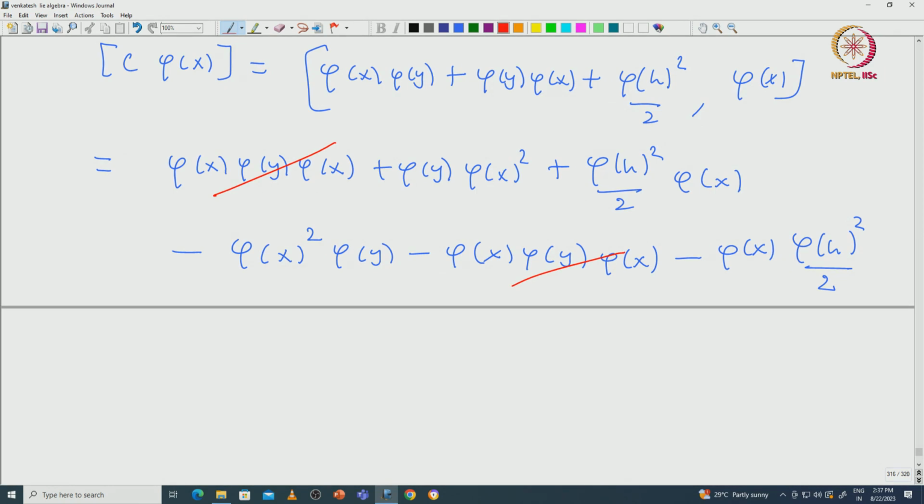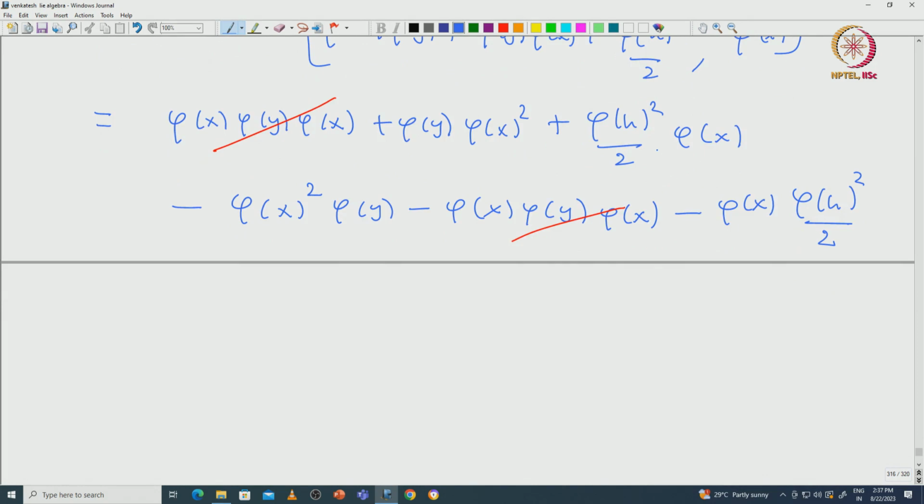Now, if you think about it, maybe we keep one of them and try to commute the others. Just take phi x, phi y, phi x square and keep it as it is.